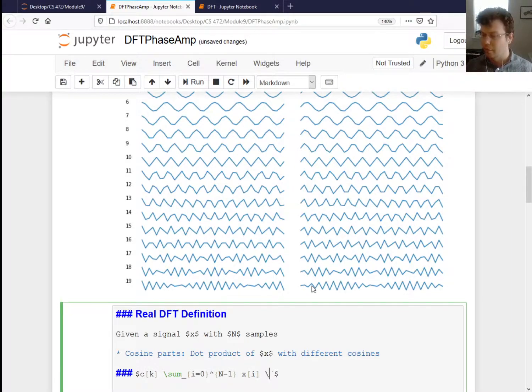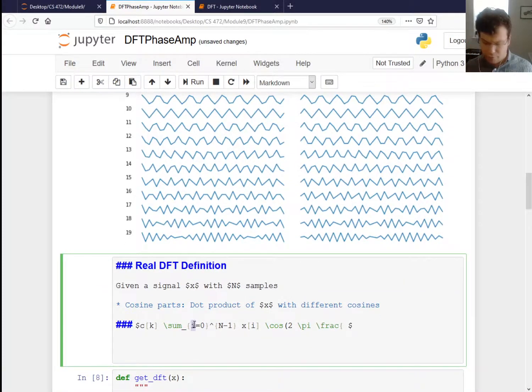Well, our cosine at index i is going to be 2 pi. Actually, sorry, instead of i, let me use conventions that you see more commonly. Little n is what I'll use. Okay, so the sum from little n, that's going to be our index, little n equals 0 to n minus 1, of x at index n times cosine of 2 pi little n over n.